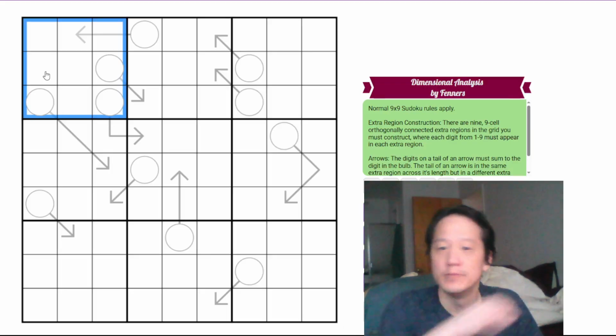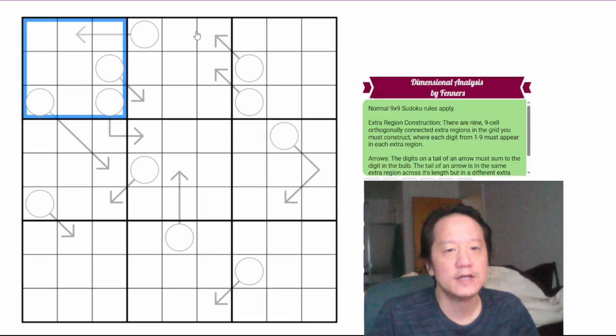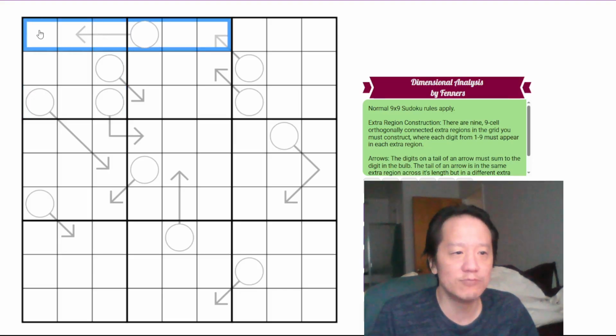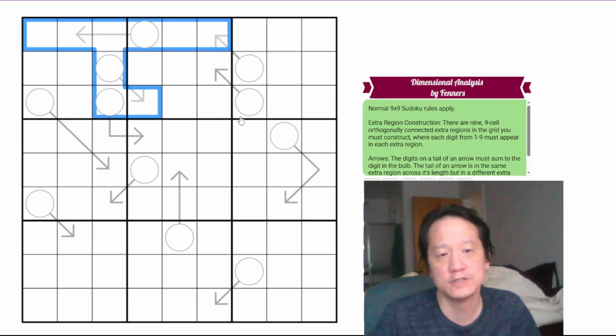But we also have 9 regions that we have to construct, and every cell must be part of one of these extra regions, right?